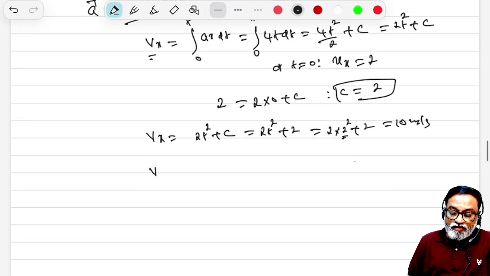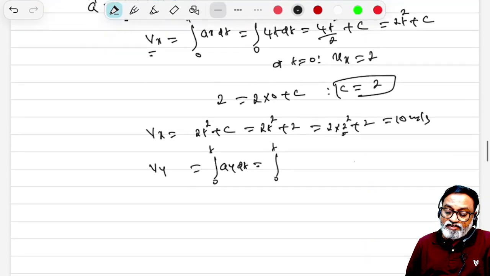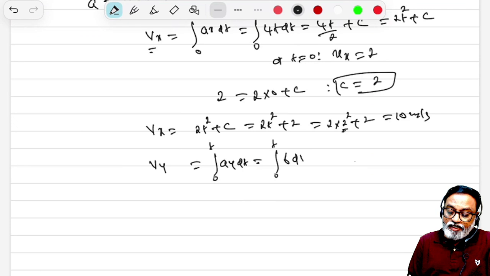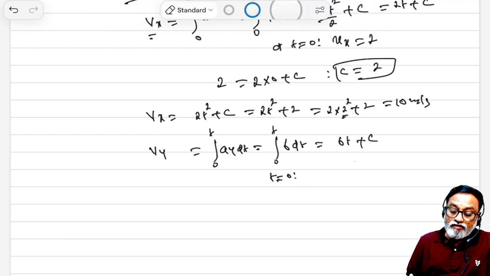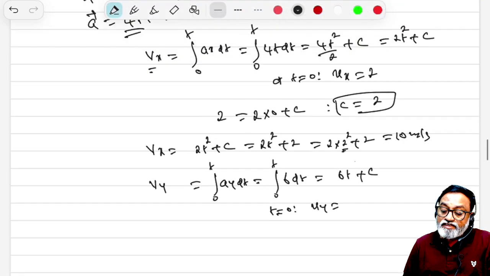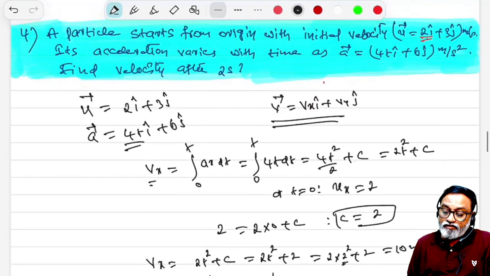Like that, Vy is equal to integral from 0 to t of ay dt. So 0 to t, what is ay? Here it is given as 6, 6 dt. This becomes 6t plus c. Here also at t is equal to 0, uy is given as 3.